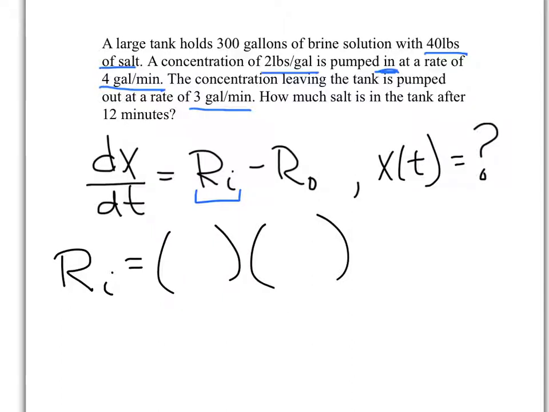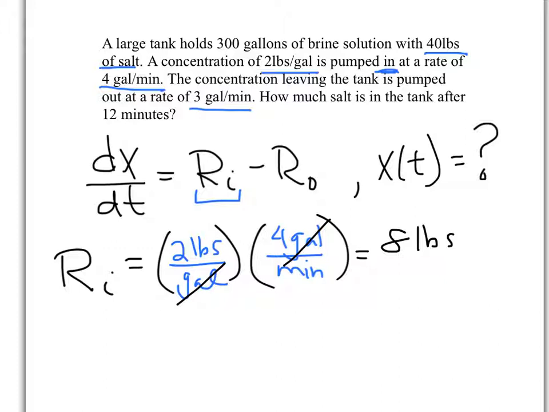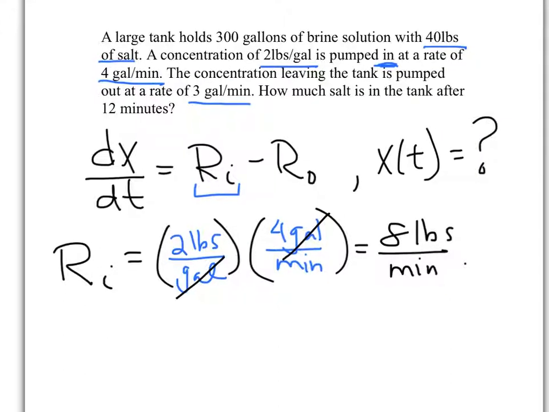We're focusing on the inflow: a concentration of 2 pounds per gallon, pumped in at a rate of 4 gallons per minute. Notice I wrote my units in fractional form because then the gallons cancel out, and we're just left with 8 pounds per minute for the inflow rate.